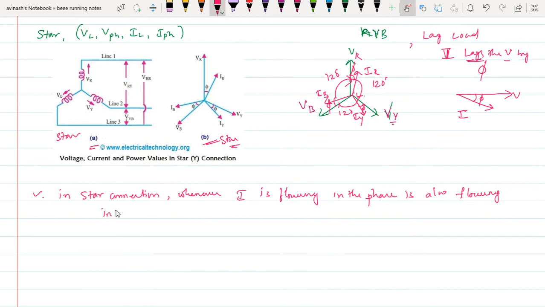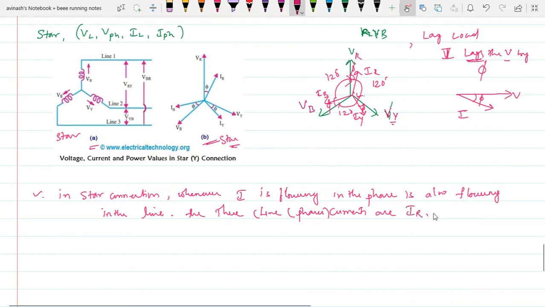The three line or phase currents are IR, IY, IB, and the voltages, if it is flowing from phase, are VRN, VYN, VBN.